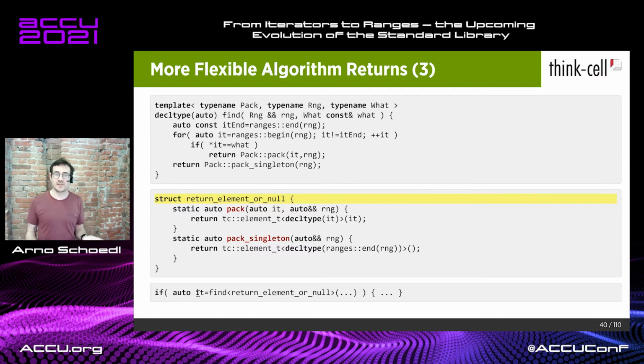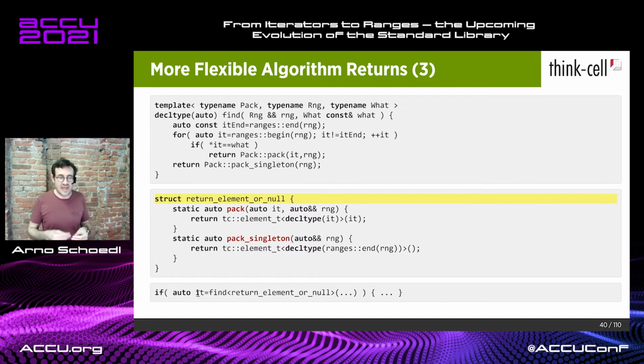So it's kind of like a null pointer. With pointers, we have this all the time. We set a pointer to null, and we don't need to compare that null pointer to the end of any container. The null pointer stands by itself. It's just null, and it's not pointing to anything. And it would be nice to have that for iterators as well. And this is what we have here.